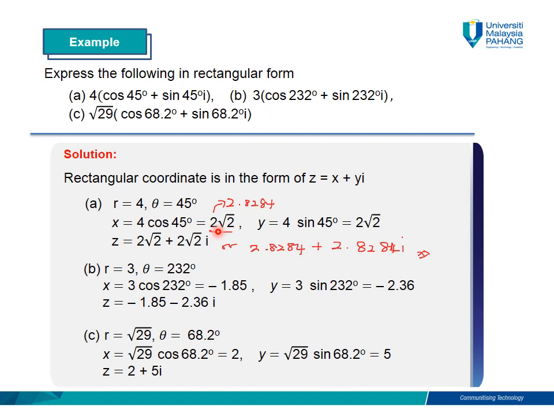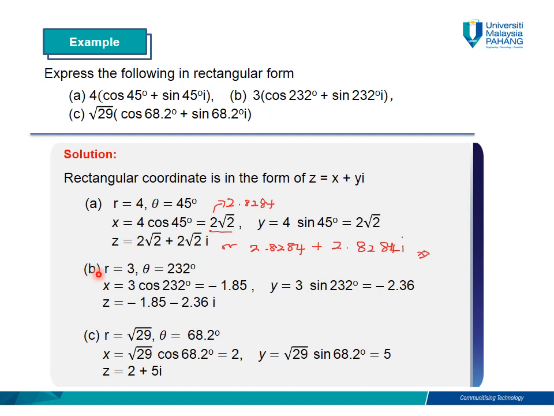So you get 2 times square root of 2, or you just write in decimal places. Okay, 2.8284. And then this is the rectangular form. So z equal to, and this is x and this is y. So in this case, we got the same answer for x and y.